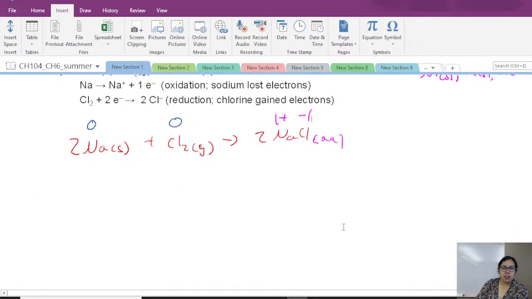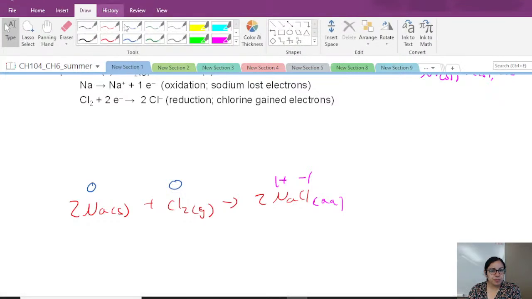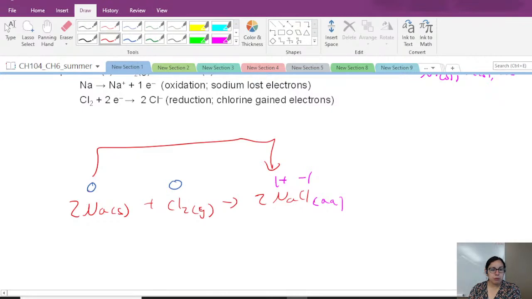So the elemental state is just your starting point, and now you're figuring out gaining and losing. And now we're just going to more formally chart this out. Now we can really see who gained and who lost. So we went from 0 to +1. Does that mean we gained or lost electrons? So we lost electrons, and we'll put 1 times 2. So really, it's a 2-electron process.